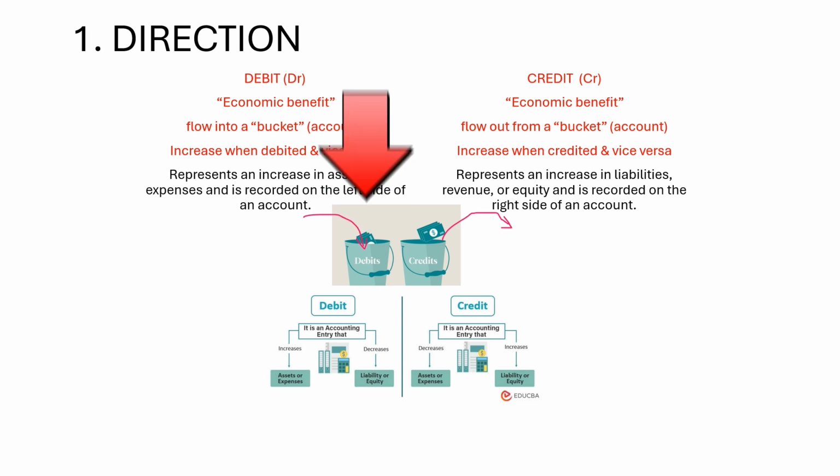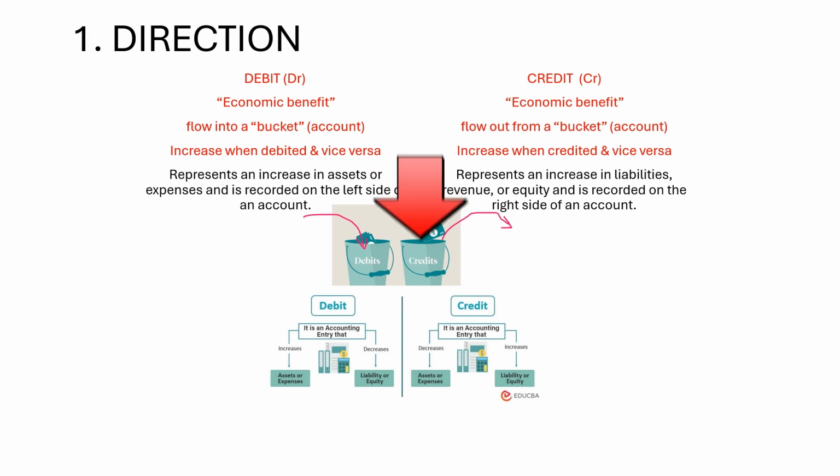So debit, represented by DR, represents an increase in assets or expenses, thinking of it as money or value flowing into the bucket, and this is recorded on the left side of an account. Always, debit is recorded on the left side of an account.